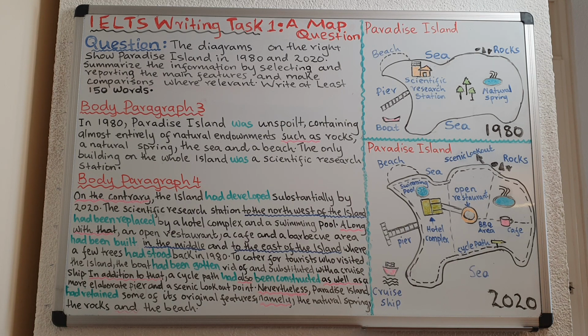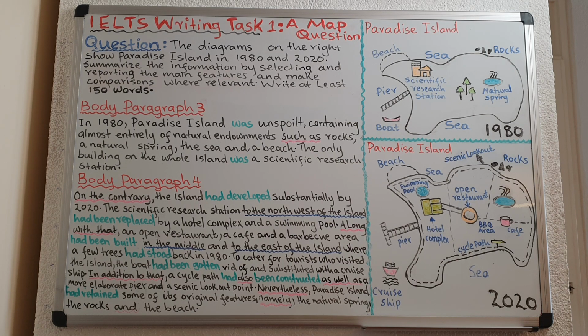Now, to cater for tourists who visited the island, the boat had been gotten rid of. So, because you can see there is a cruise ship, that gives us an indication that in 2020, the island became popular with tourists.